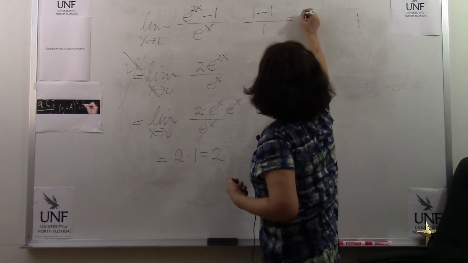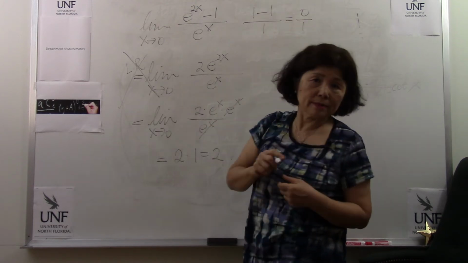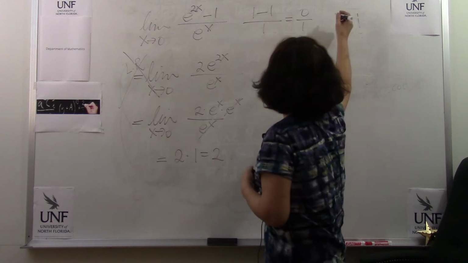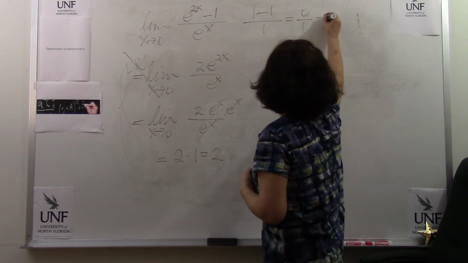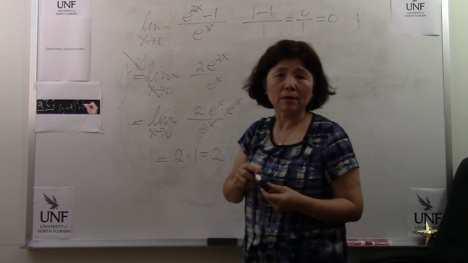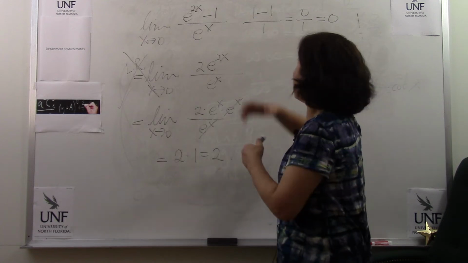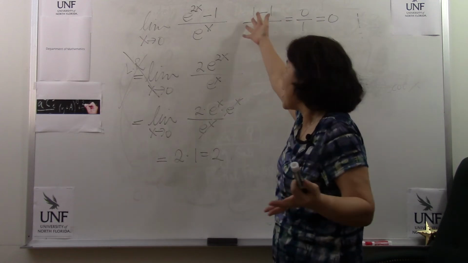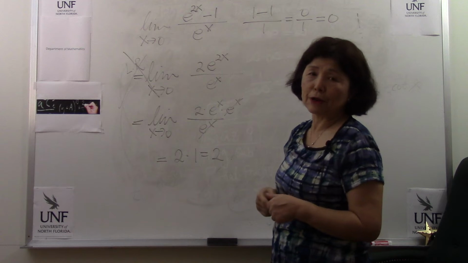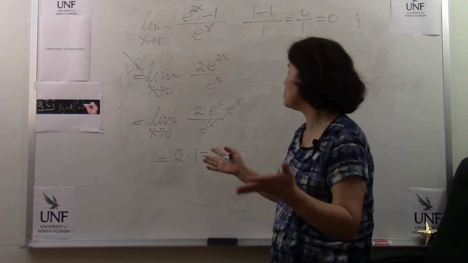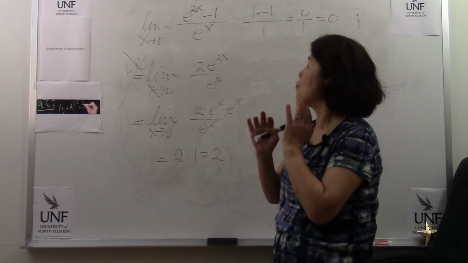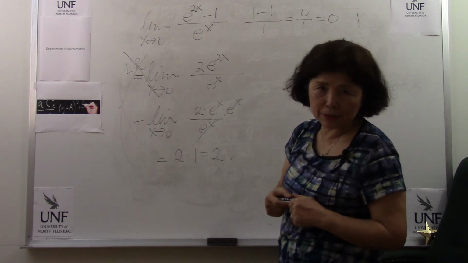So therefore this is a 0 over 1 case, therefore the answer is 0. So we can determine the limit as is. It does not require L'Hopital's rule, and more accurately I have to say that we cannot apply L'Hopital's rule.